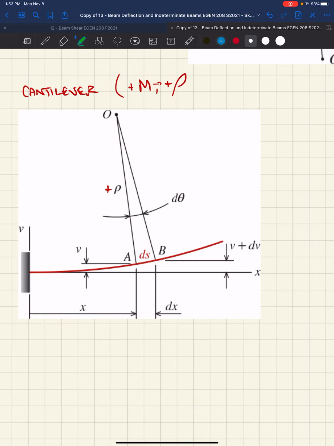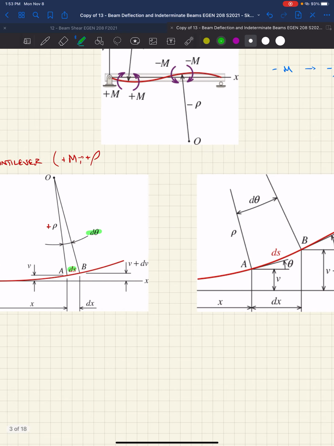From point A to point B, A's got a radius, B's got a radius. The distance between those two radii is this change in theta, d theta. And the length over d theta is ds.